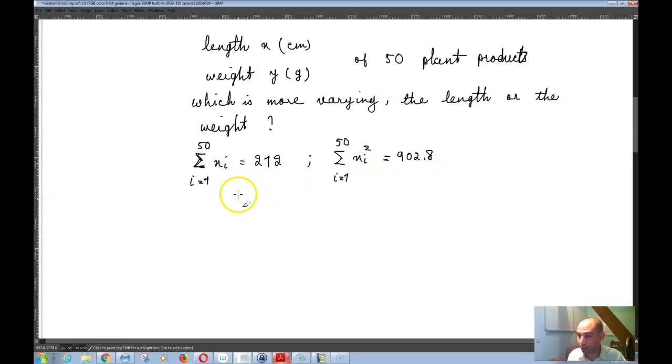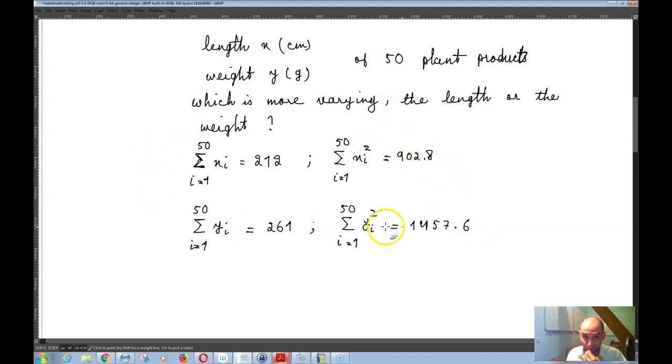Now about y, you have sigma y of i as i goes from 1 to 50 is equal to 261, and sigma y of i squared as i goes from 1 to 50 is equal to 1457.6.